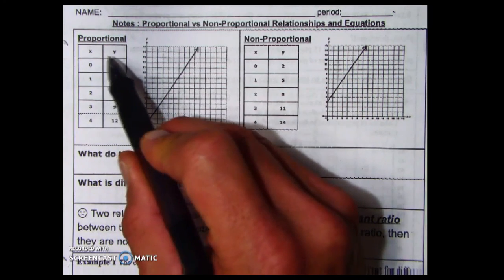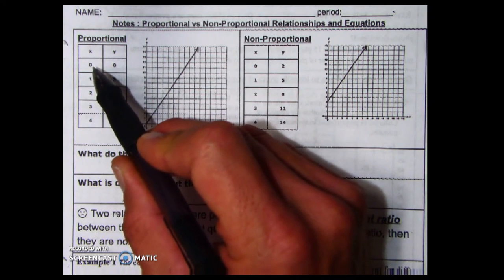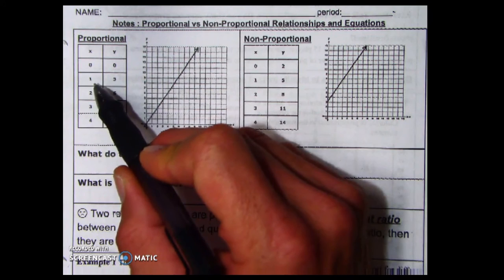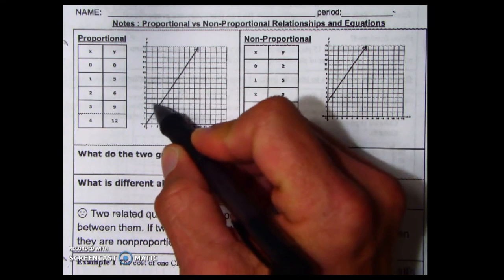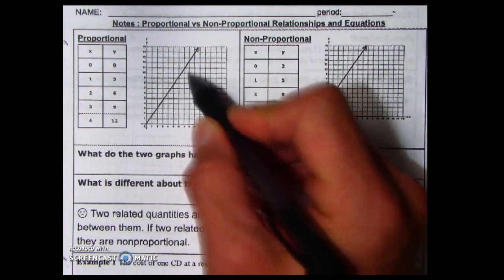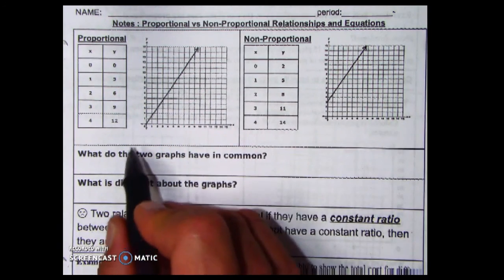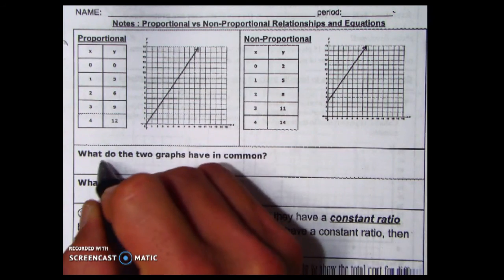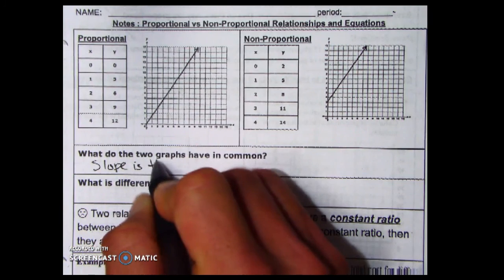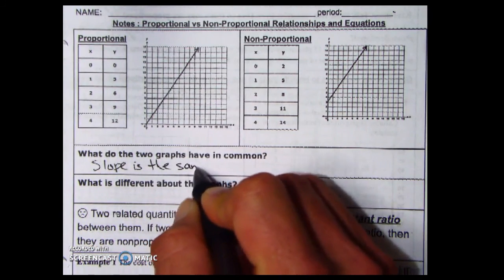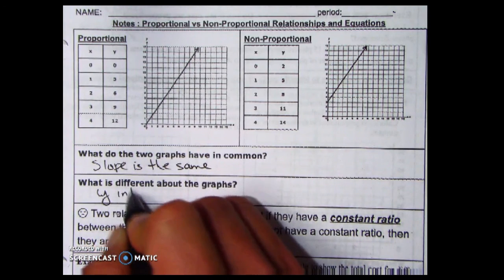But this is an example of a proportional situation where x is 0, y is 0. 1 is 3, okay? So that slope should actually be up here. But the point I need for you to take out of this is, what do the two graphs have in common? Slope is the same. What's different? The y-intercept.